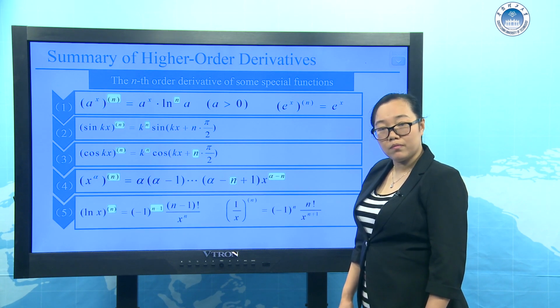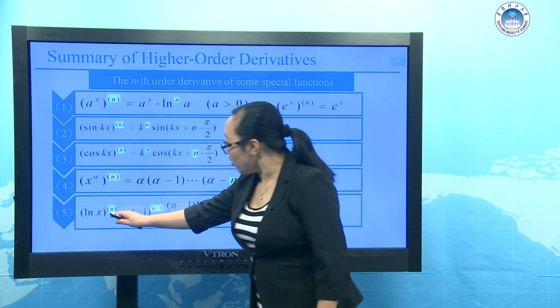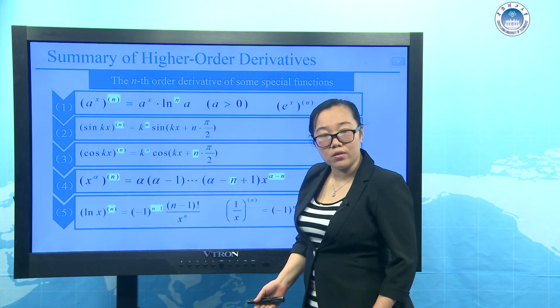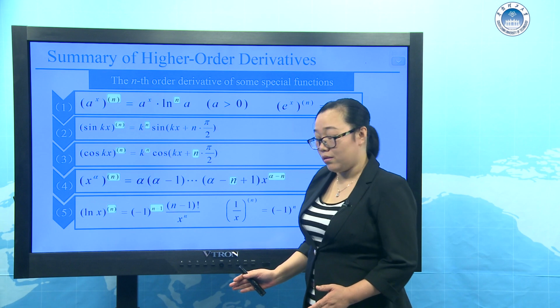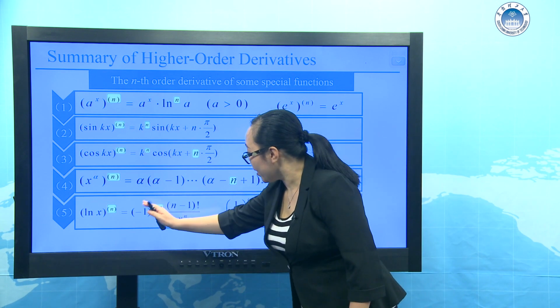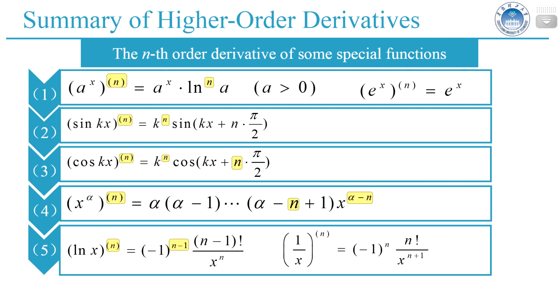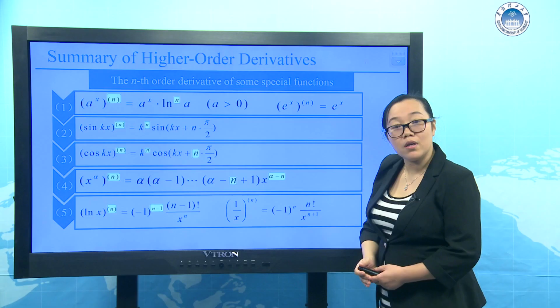Look at 5, log x. The nth derivative of log x equals, pay attention to the sign, (−1)^(n−1) times (n−1)! over x^n. It is our special case. In future study, if you can remember this formula, it's very good. If you don't remember, try to get it step by step by yourself.